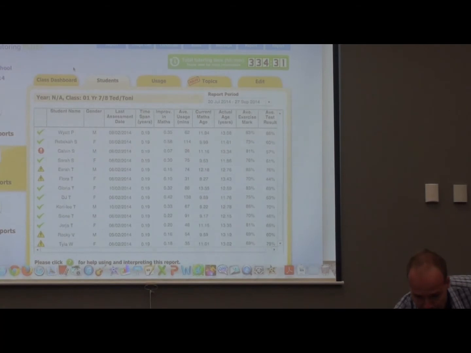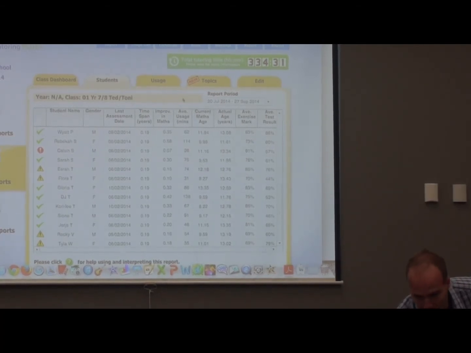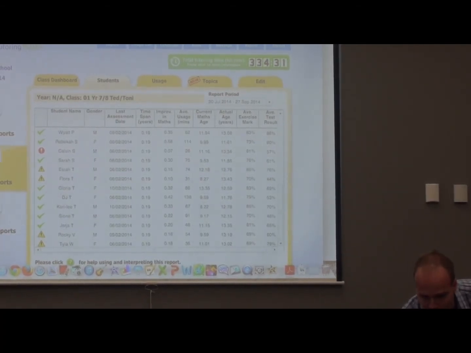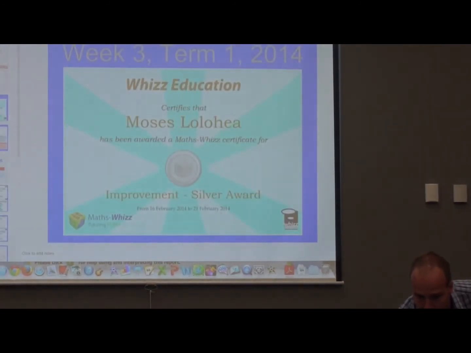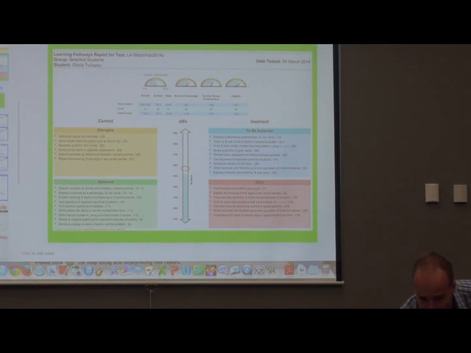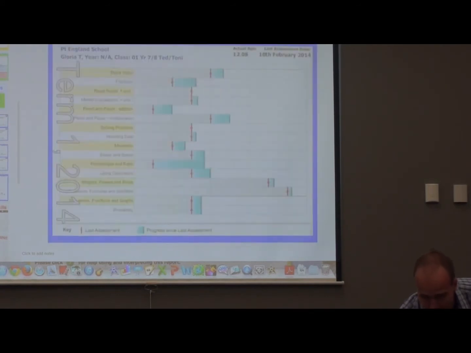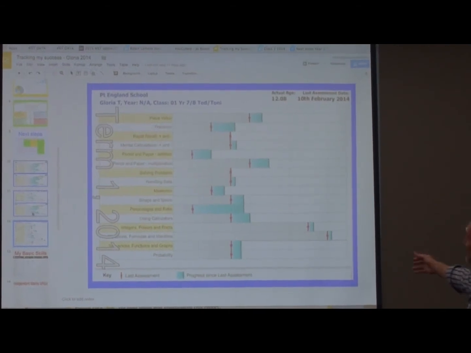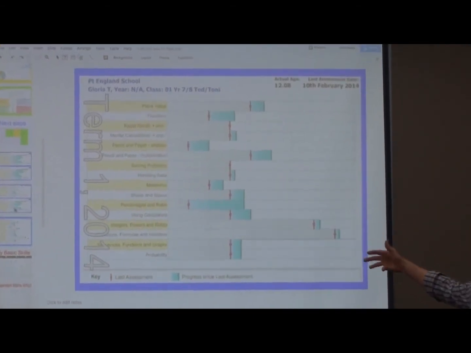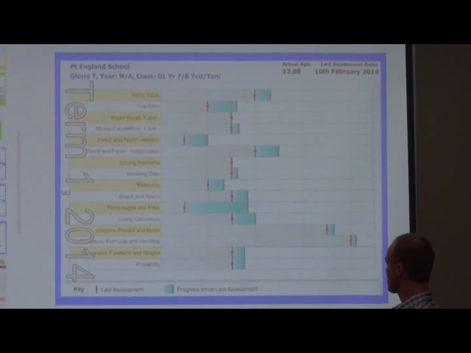With the data, you can pull up all kinds of reports from these, and I'm just going to bounce back again. Where's dear Gloria? There she is. So these are reports that I get from Whizz, again, whatever you choose to use.